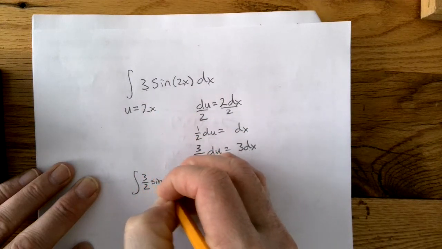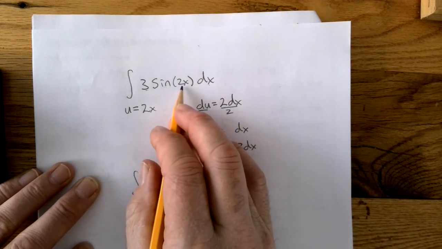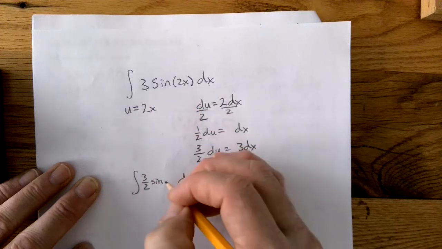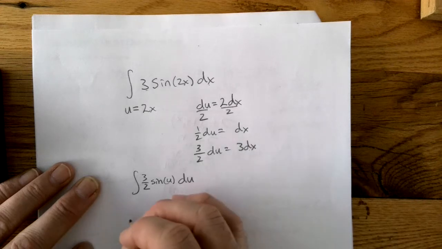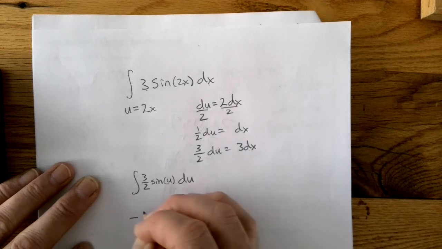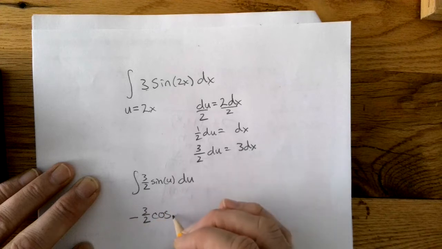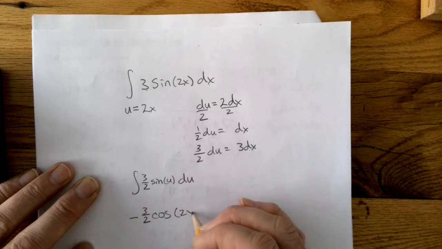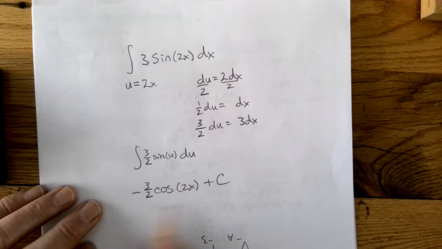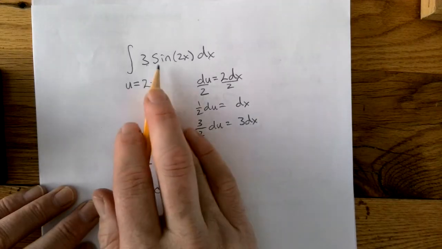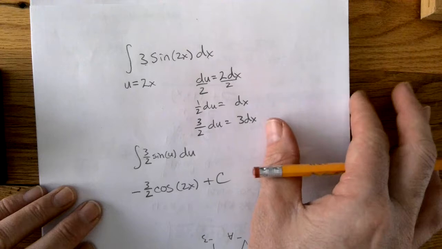We haven't replaced sine, but we have replaced 2x with u. What's the antiderivative of sine? The antiderivative of sine is negative cosine of u. And what is u? u is 2x. If you ever wonder if you did it correctly, just take the derivative of that, and you should come up with the original.